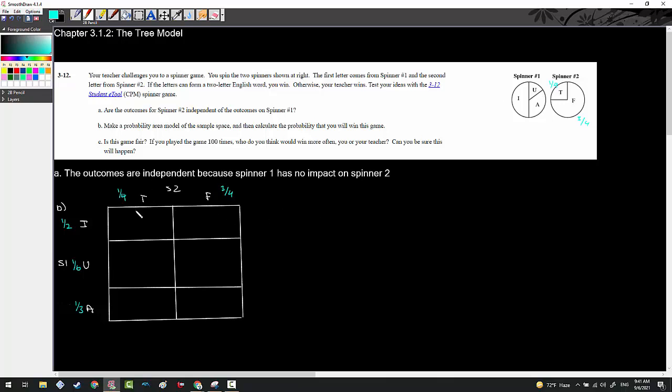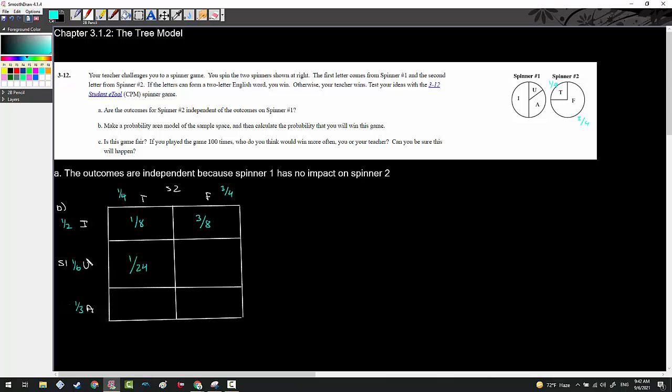Let's see here. We're looking at the probability of getting an I and then a T. So remember, the probability of those two together will be the intersection of their dimensions. So 1/4 times 1/2 is going to be 1/8. 3/4 times 1/2 is going to be 3/8. 1/4 times 1/6 is going to be 1/24.